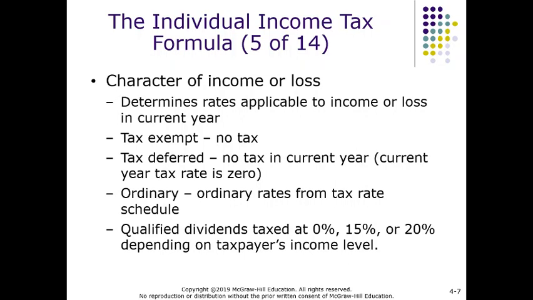The other type of character, and the main type of character of income or loss, is ordinary. If it is an ordinary income or loss item, it's taxed at ordinary rates. Certainly that's true for income. For losses, if you have an ordinary loss, you may be able to take all the loss.